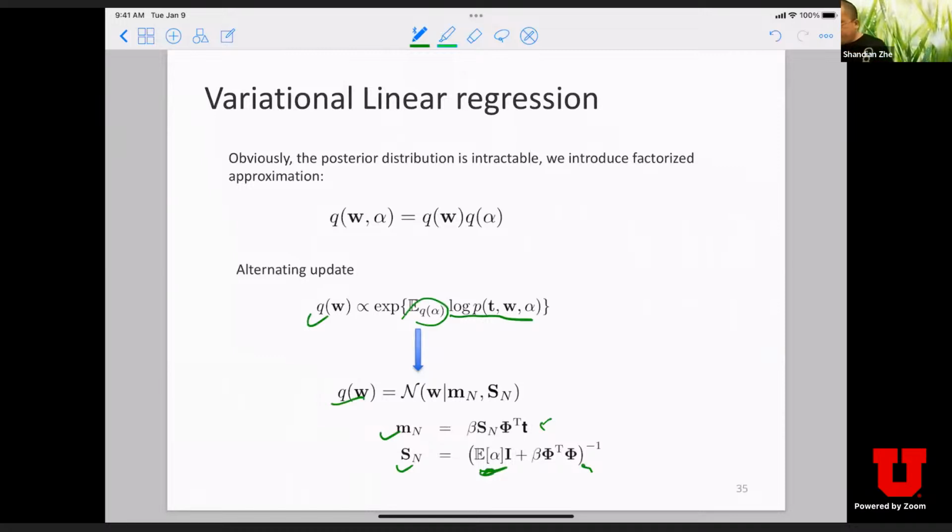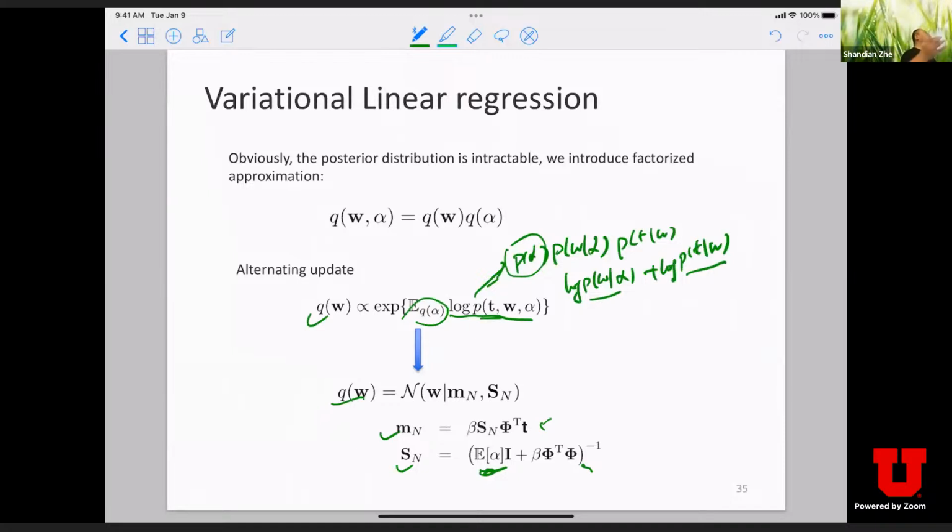So again, I want everyone to try to figure this out yourself, but I can give a little bit of a hint. If you decompose this joint distribution, it is P of alpha, P of W given alpha, and P of T given W. You take the logarithm; P of alpha is constant with respect to W, so you can throw it out, and you only need to look at the expectation of the log terms that relate to W. And then the logarithm of these is the logarithm of two Gaussians.